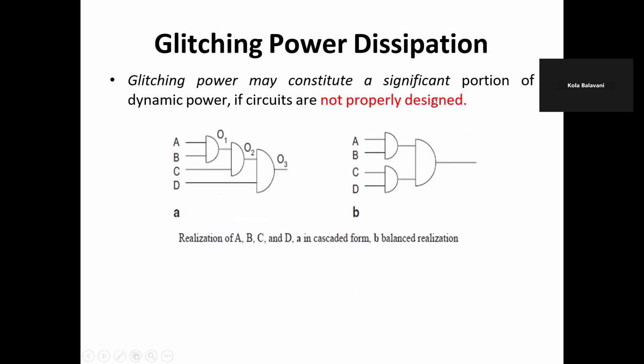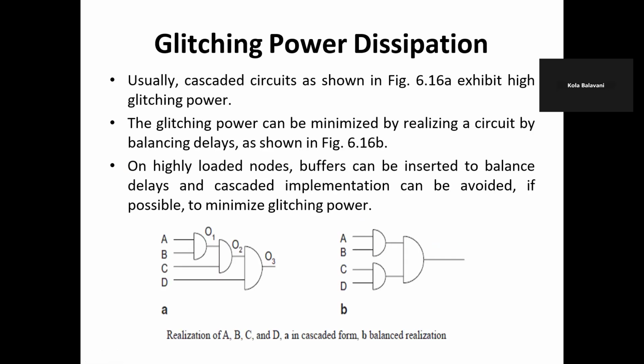Glitching power is also a significant portion of the dynamic power if the circuits are not properly designed. Majorly, it occurs when the circuits are not properly designed. So, if you use a balanced design rather than a cascaded design, you can reduce the glitching power dissipation.